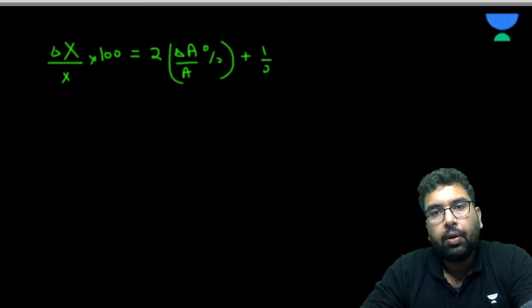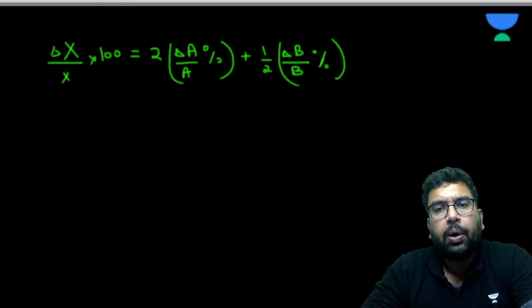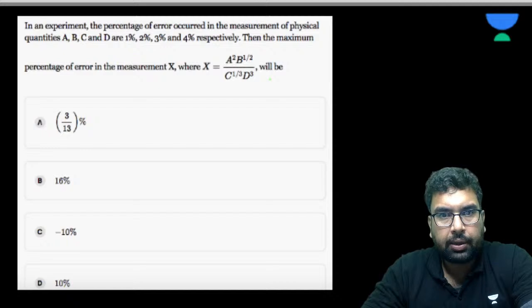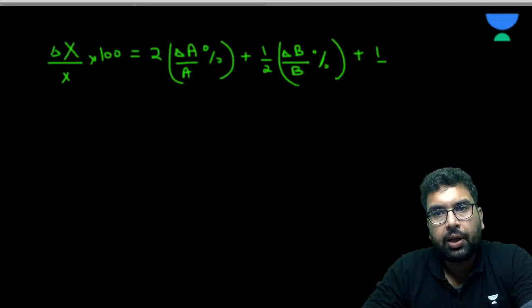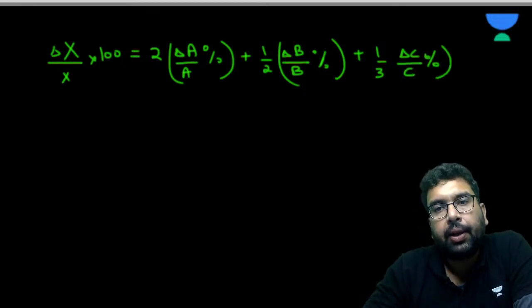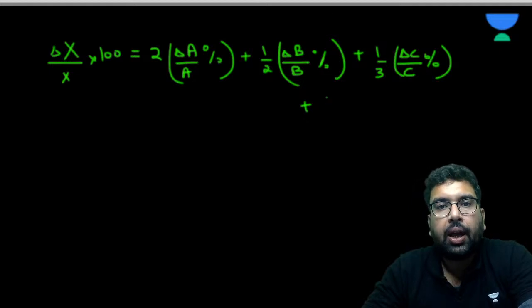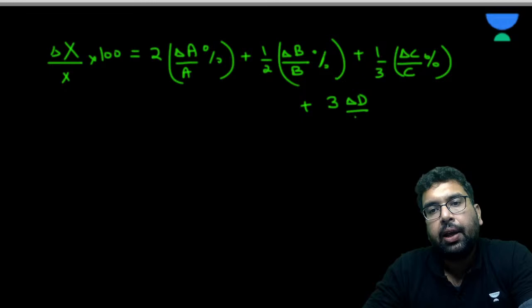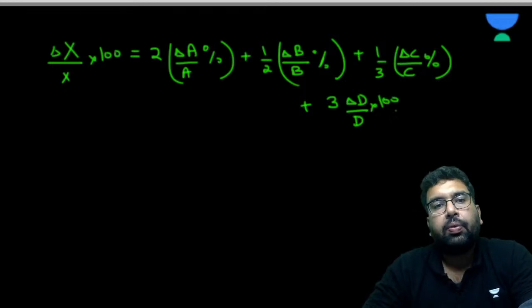Plus half delta B by B percentage, plus 1 by 3 of delta C by C percentage, that means the percentage error in C, plus we have D cube, so 3 delta D by D into 100. So what we got?